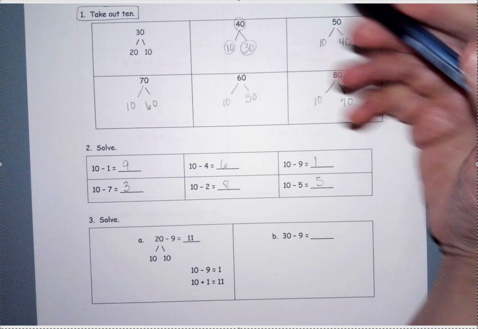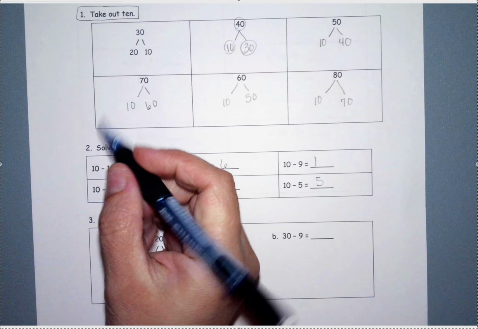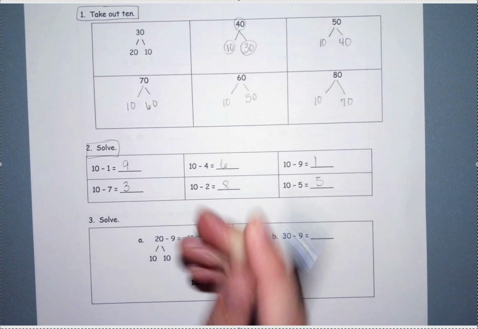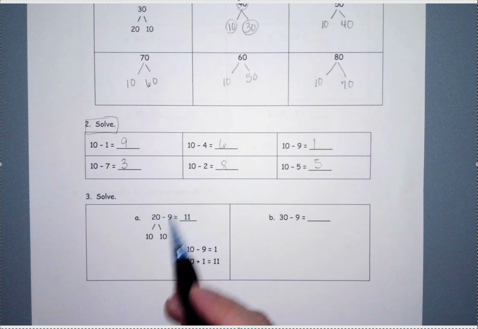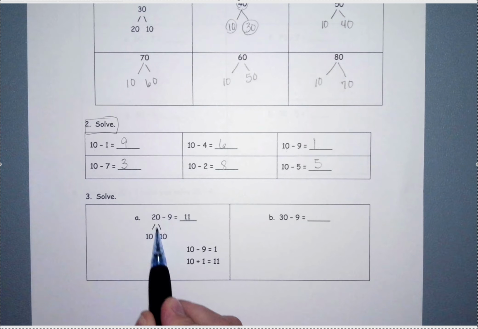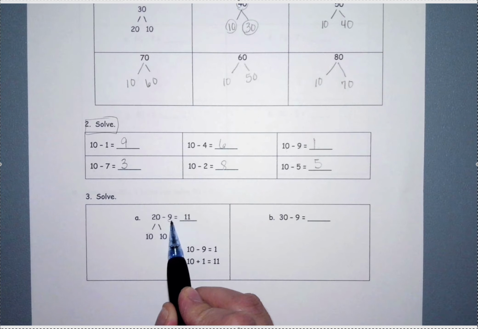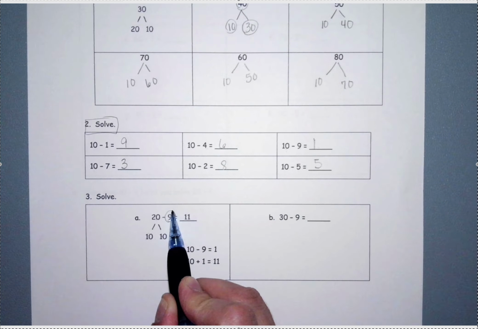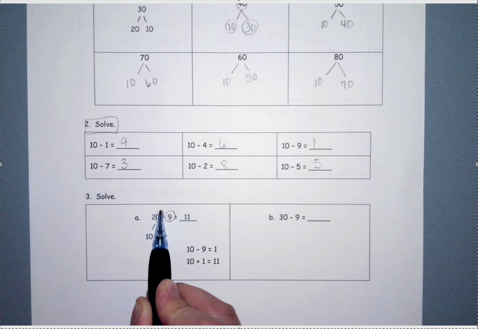Okay, so these two, taking out 10 and solving for partners of 10, is going to help us solve the bigger equations. What we did right here was we took out our 20 and we made a number bond and we broke it up into parts. The reason why we did this is because when we're trying to subtract our ones, we do not have enough to subtract 9 ones from 0.